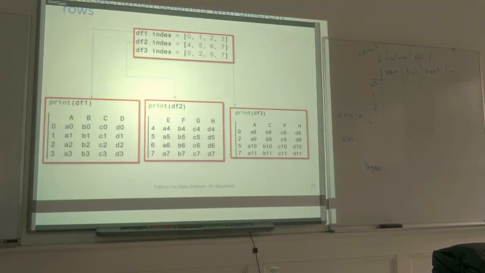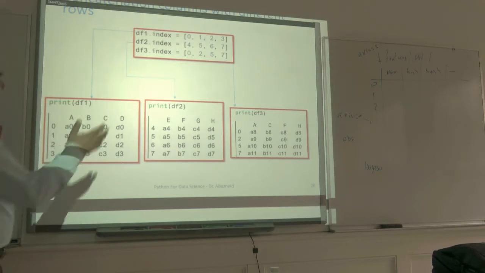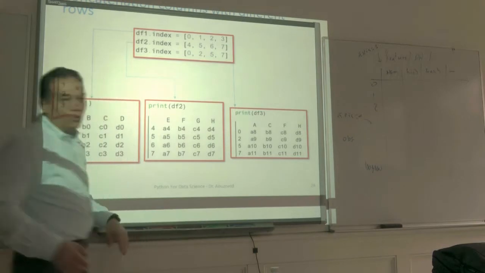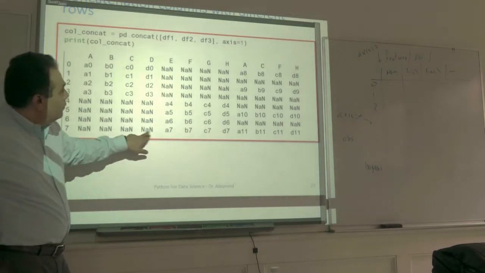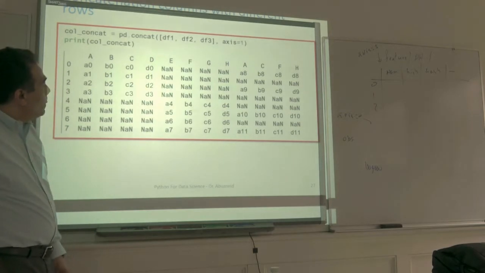So now I need to concatenate them by columns, right? So I need to put them next to each other. How will it work? Same thing, all right? So the A will be together, the B together, the C together, and so on and so forth.